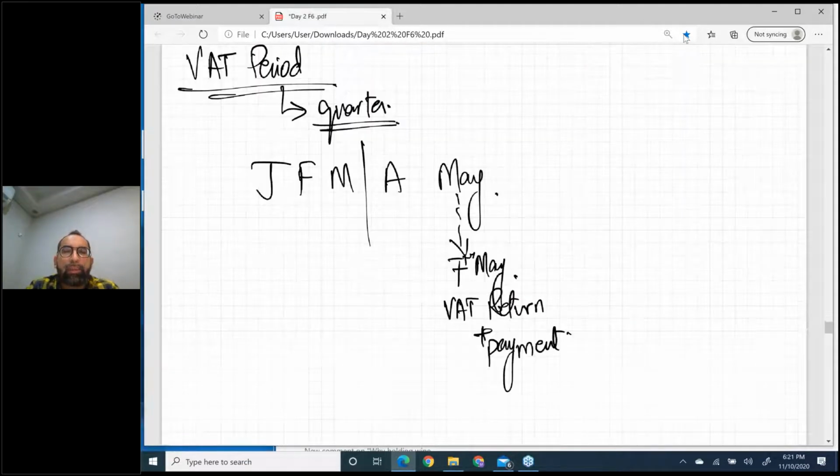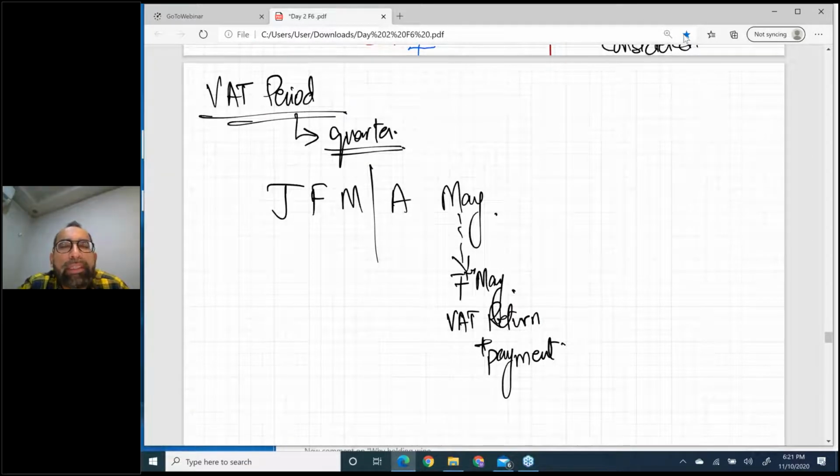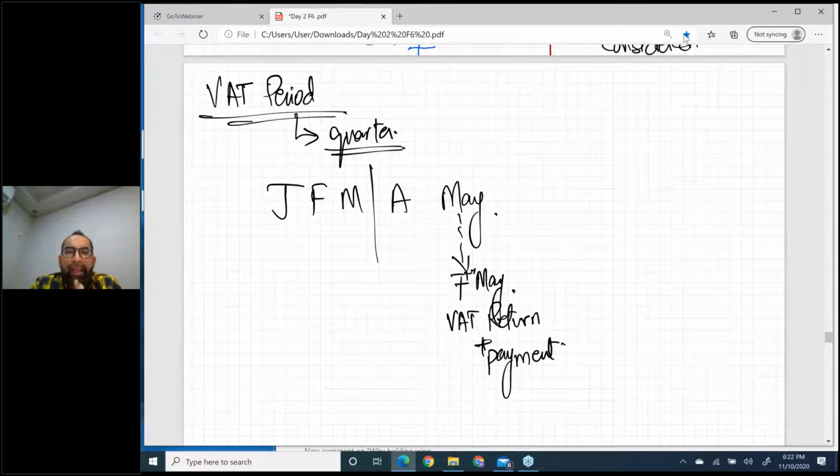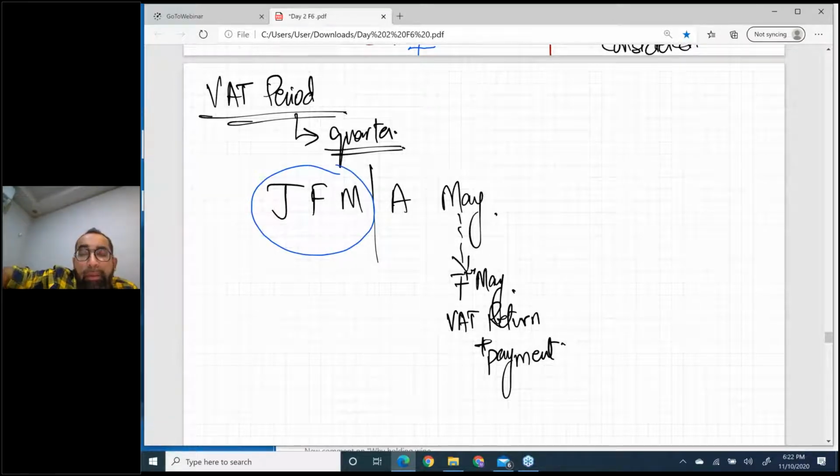Now there is one thing which we call the VAT period. The VAT period is a quarter. That means we have to present ourselves in front of the tax department after every quarter. Say for example, your VAT period is January, Feb, March.